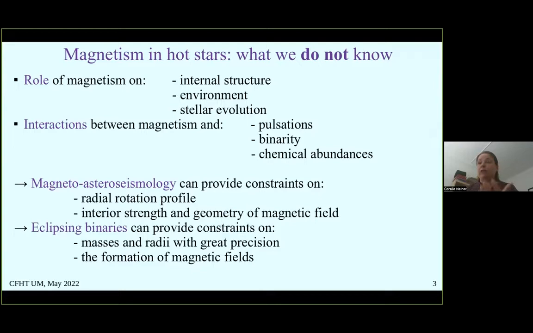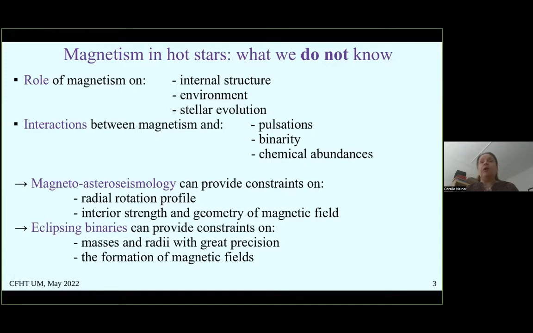For example, I told you that there are only 2% of magnetic hot stars in close binaries. We are wondering why. One explanation is the fossil field scenario, because if the medium in which the star is formed is highly magnetic, it will inhibit core fragmentation. So it's harder to make a binary star when the medium is magnetic, but you can get a fossil field in a single star. But there could be other explanations.